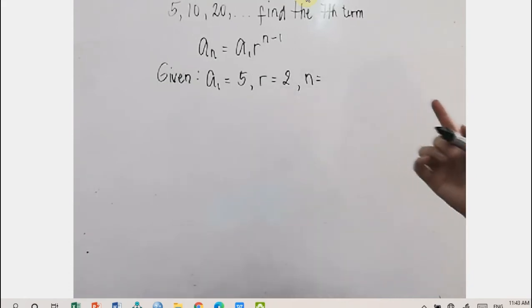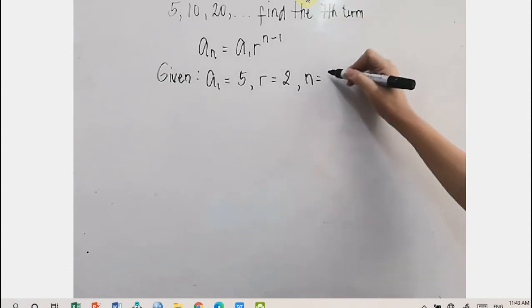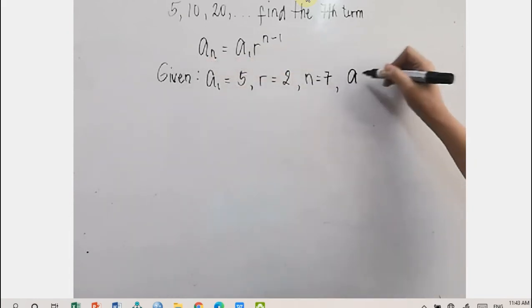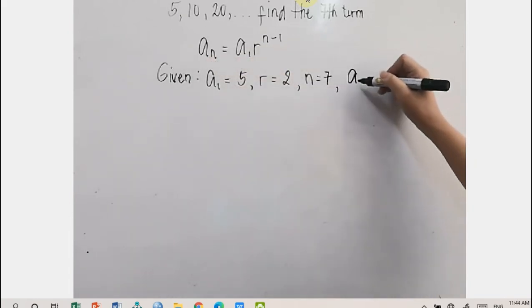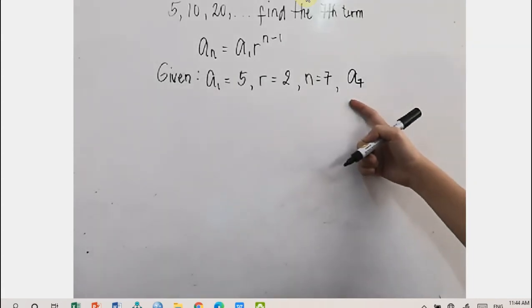Okay. Then, we have n. N is yung number of term, diba? So, number of term is 7. Kasi, yun yung hahanapin natin. Then, a sub n. So, instead of a sub n, it will be written as a sub 7. Kasi, a sub 7 yung hinahanap natin.